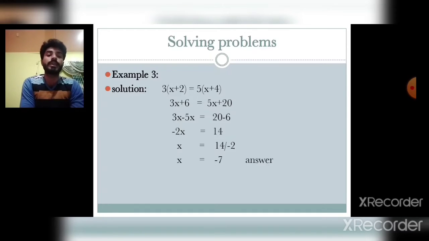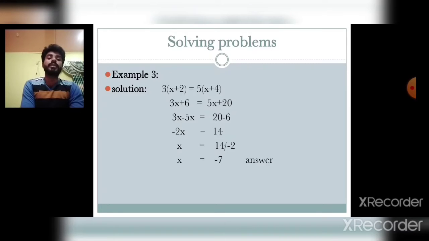We put the 6 on the right side, and 6 had a plus sign, so when we put it on the right side, it changes to minus. So it has now become 20 minus 6. So 3x is in plus and 5x in minus, so the value is minus 2x remaining, and on the other side 20 minus 6 means 14.